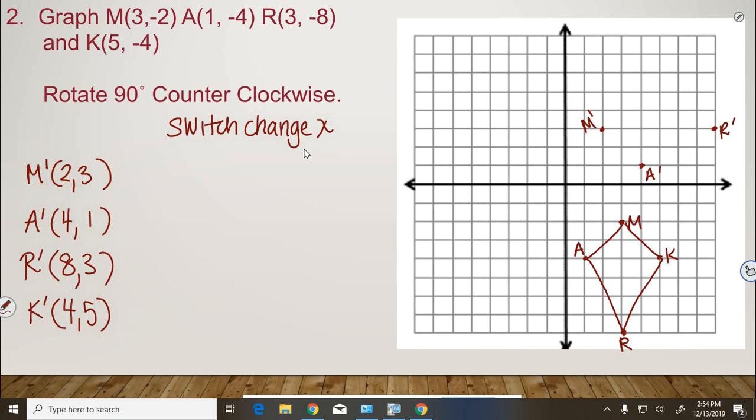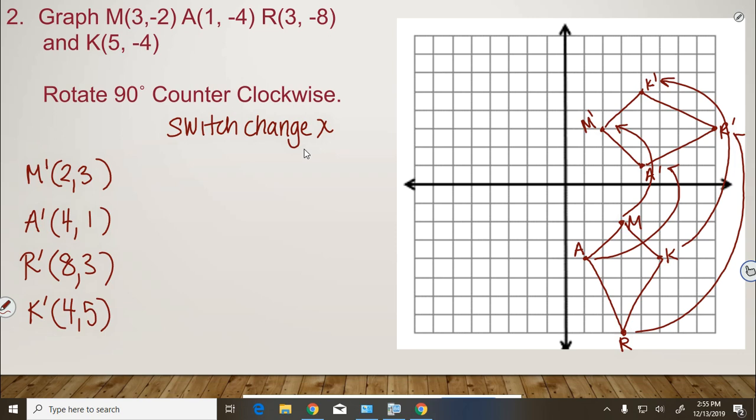And right 4 and up 5 brings K prime here. So each of the points was rotated 90 degrees around the origin to get the new coordinates. And again, you don't have to draw this, I'm just showing it to you.